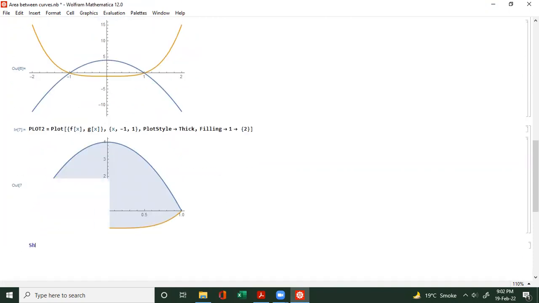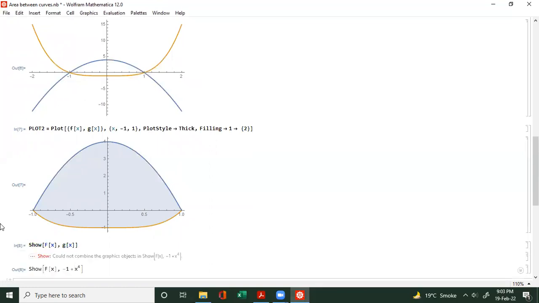After that, I need to merge these two plots. So use the show command. Okay, there is some error. I have actually used the wrong names here.